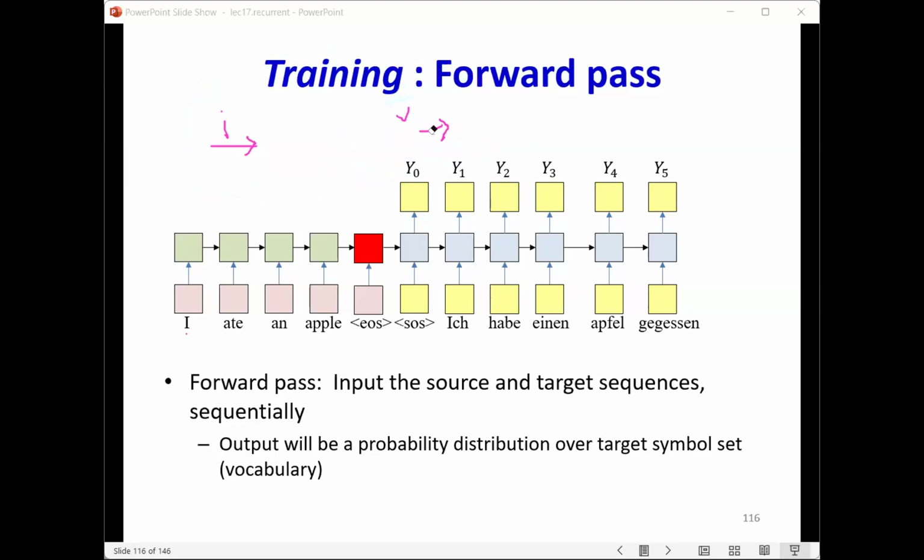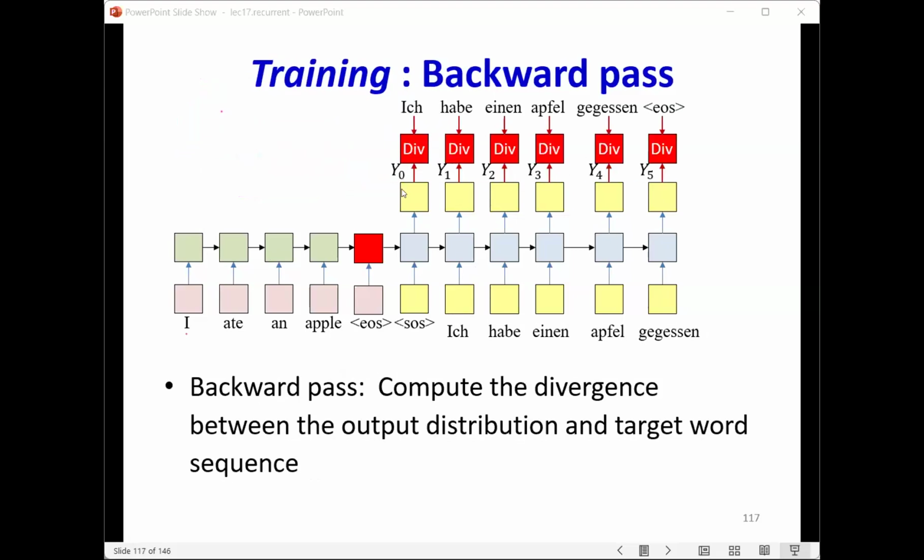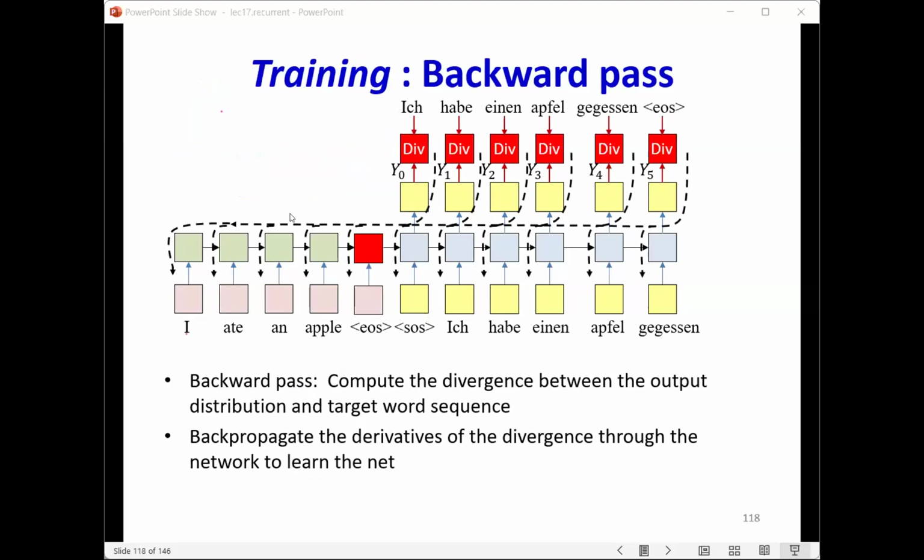So you pass the input and the target sequence, and you keep predicting the next word in the target sequence. At each time, you have the actual next word in the target sequence as the label. You compute the divergence between the next word in the sequence and the output. And the derivatives of this divergence are what are passed back to learn the model.